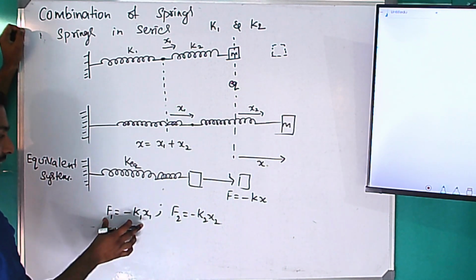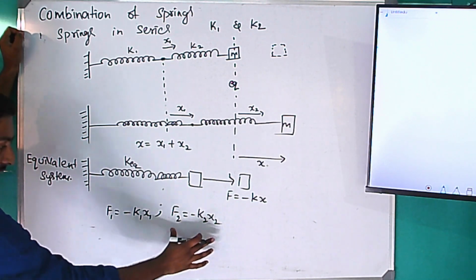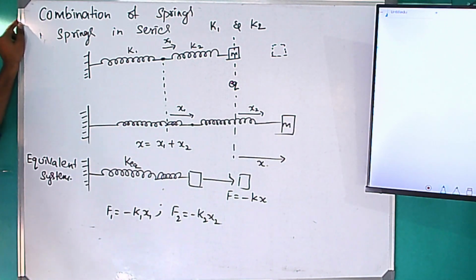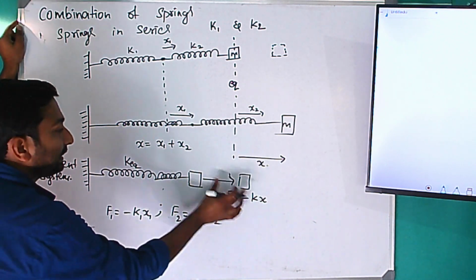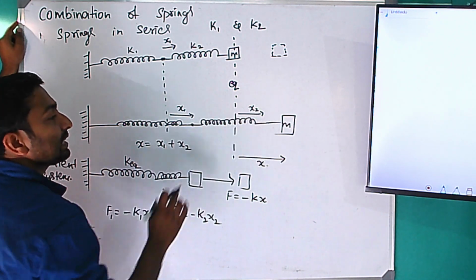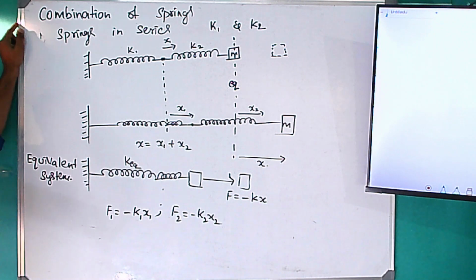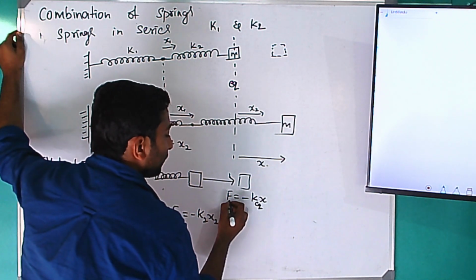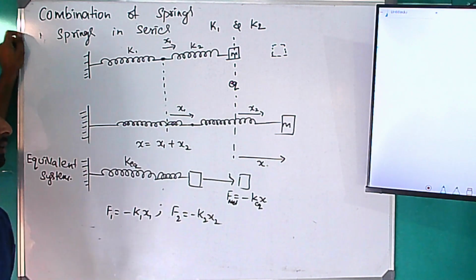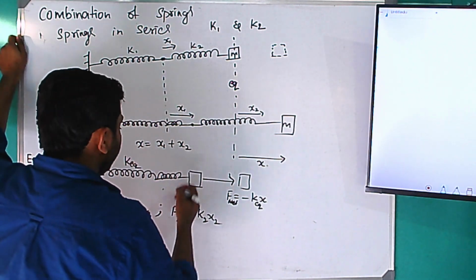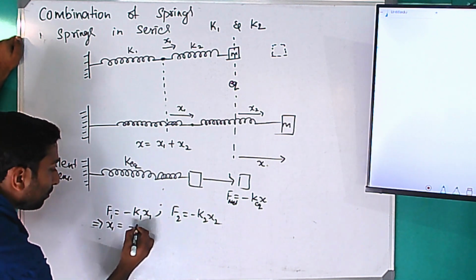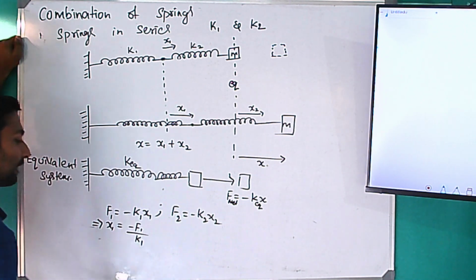This is a force acted by spring 1 alone. This is a force acted by spring 2 alone. So, ಎರಡು separate ಆಗಿ ಬರ್ದಿದ್ದೀನಿ. So, now the net displacement is equal to sum of displacement of both the springs. So, let me write. So, this is the net displacement K equivalent. F net is equals to minus K equivalent X. From these equations, I can write X1 is equals to minus F1 divided by K1.